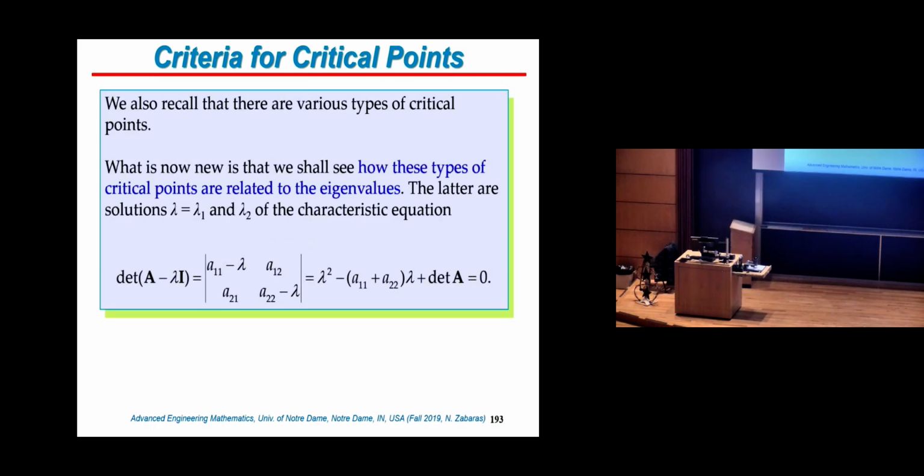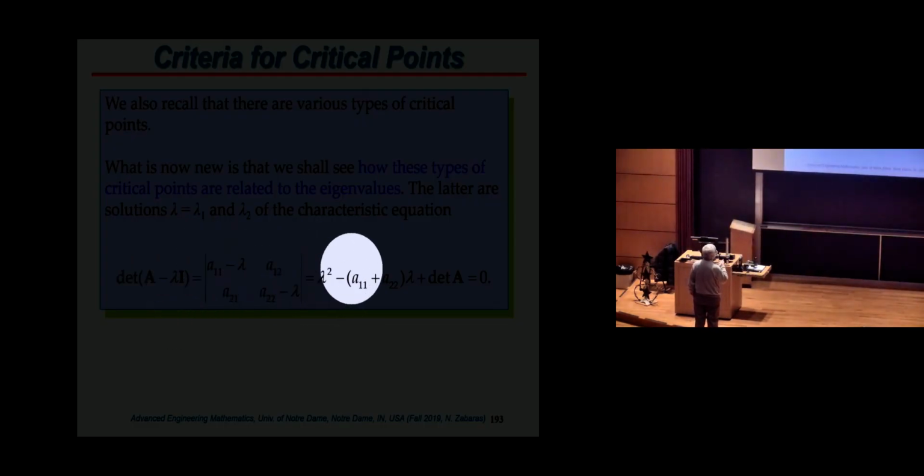So I remind you, this is only for the 2x2 system of equations. If you look for the eigenvalues, you have to solve the characteristic equation. So pay close attention to the way this equation looks. All right, so this is minus (A11 plus A22) lambda plus the determinant of A, okay?